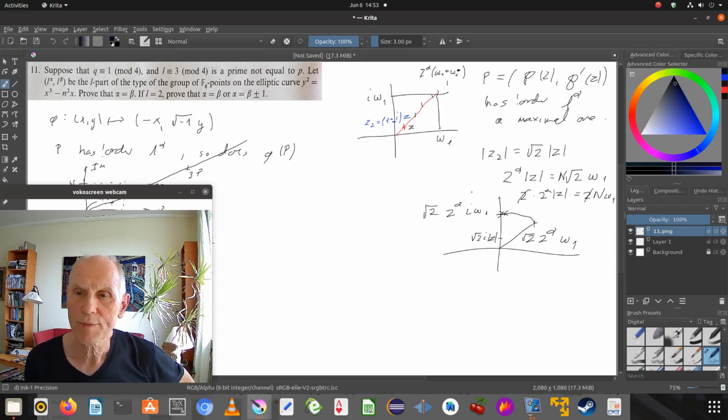So we prove that this point we get from going in here, Z2, has the same order, but it may have half that order as well. Or a fourth, maybe.